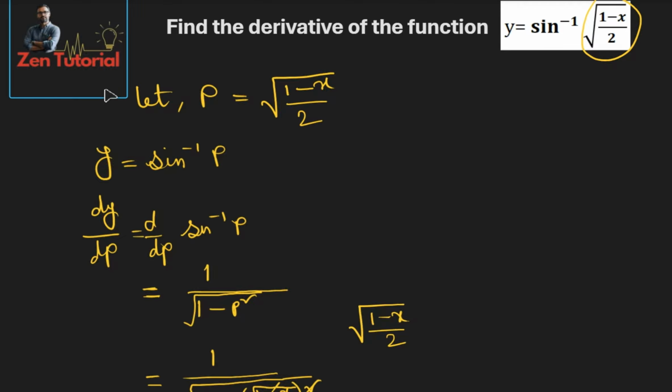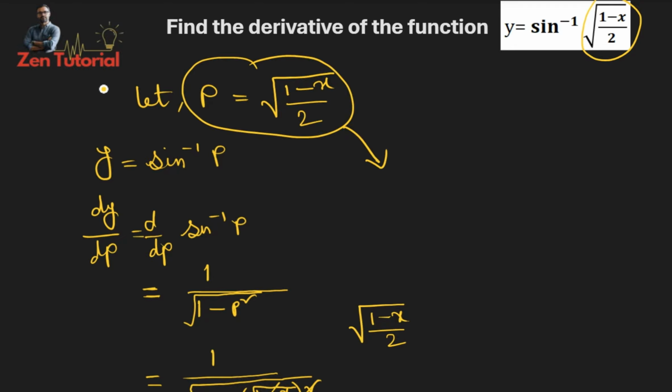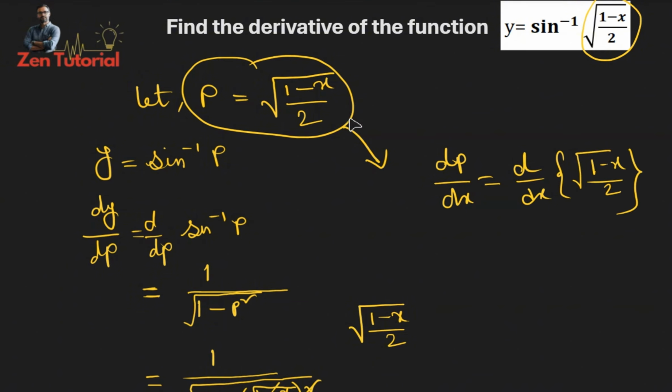Now we have to calculate the derivative of this part. Let's differentiate dp over dx, because the variable is x, right? So d over dx of square root of 1 minus x over 2. The basic formula of differentiation for x to the power n is n times x to the power n minus 1.